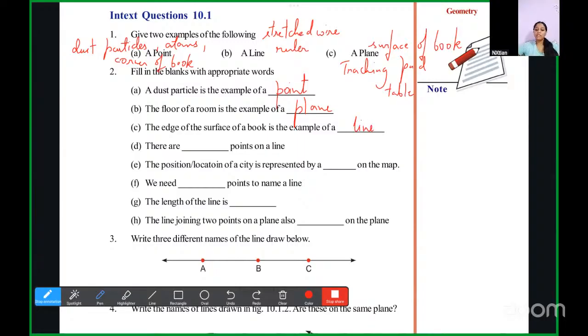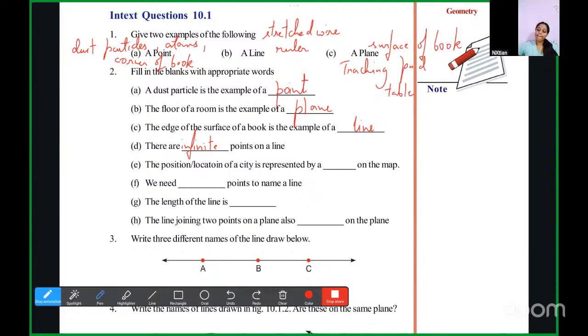There are dash points on a line. Infinite. We cannot count it. The position or location of a city is represented by a dash on the map.